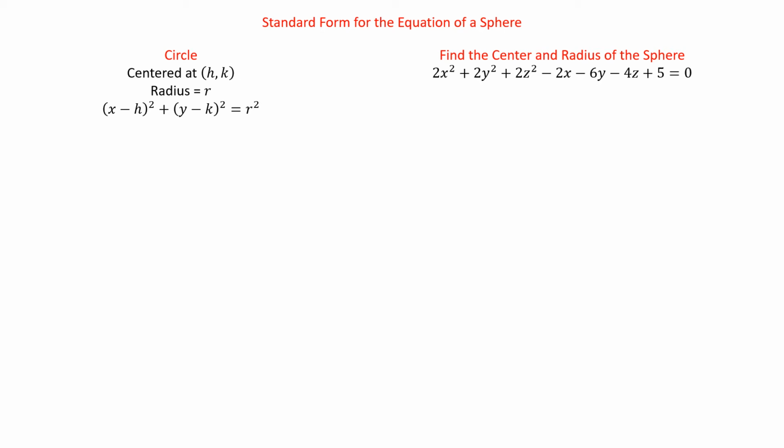We just got done doing that last chapter. So for a sphere, we're going to center it at h, k, j. Why do we use j? Because it's the letter that comes after k. The radius equals r, and so it's going to be the same thing, x minus h squared plus y minus k squared plus z minus j squared equals r squared.